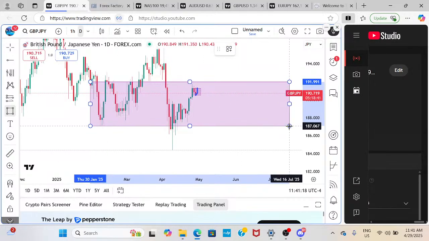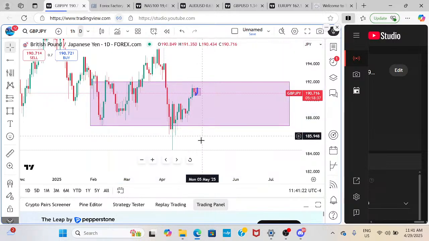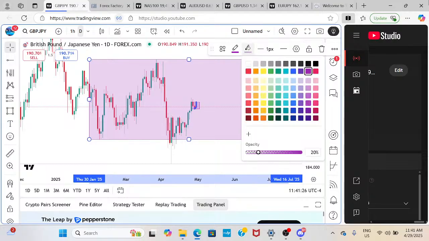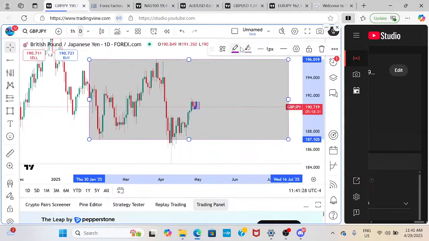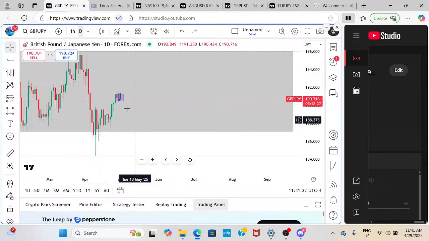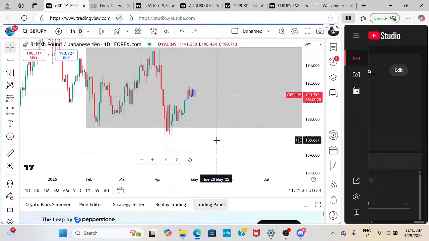We have this low and this high right here. I'm going to change this to gray. So this is the structure right now on the daily time frame.